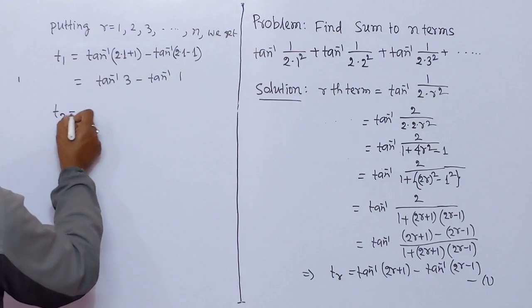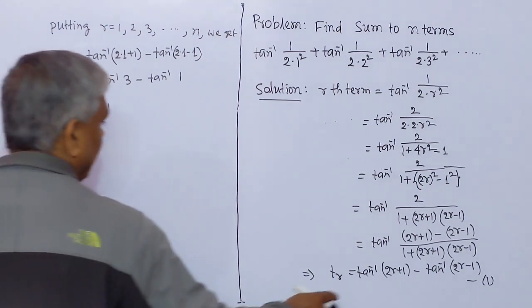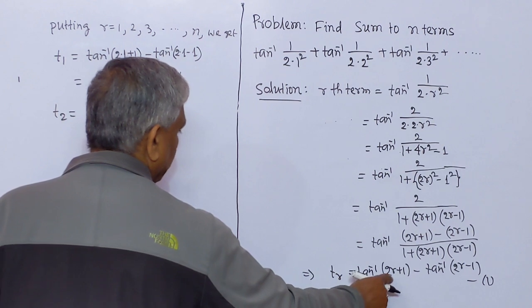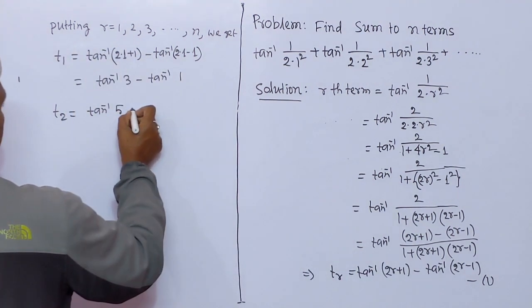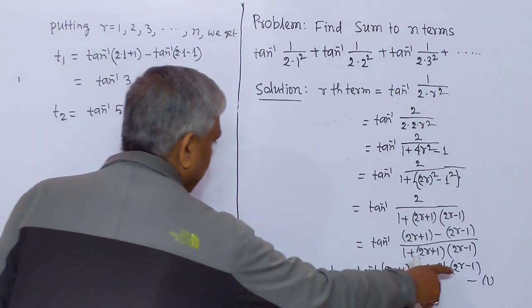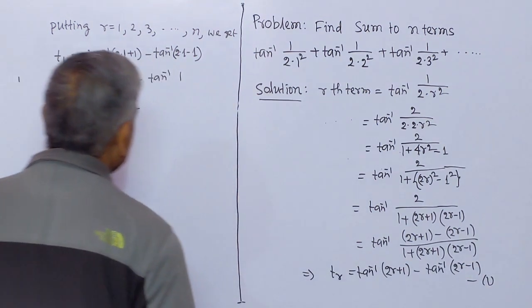T2 equal to tan inverse, in place of r, 2 multiplied by 2, 4 plus 1, 5, minus, here r equal to 2, 2 multiplied by 2, 4 minus 1, 3, tan inverse 3.